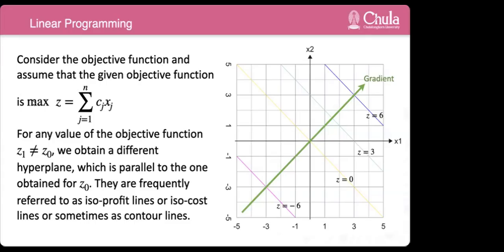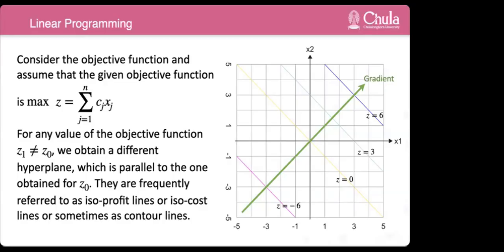For example, we maximize Z. Z is a summation of Cj xj: C1x1 plus C2x2 plus C3x3, and so on, from x1 to xn. We sum up everything.